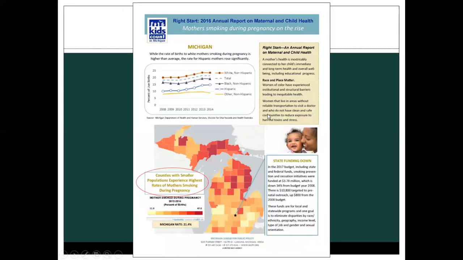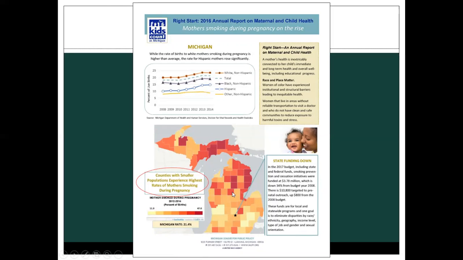This report came out this past fall, 2016. This is the rate of smoking in mothers during pregnancy. And if you'll see here, this report specifically says that counties with smaller populations experience the highest rate of mothers smoking in pregnancy. So in other words, rural counties have the most smoking in pregnancy.